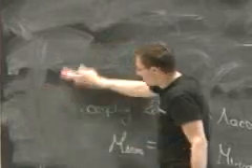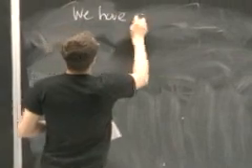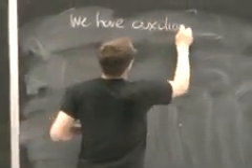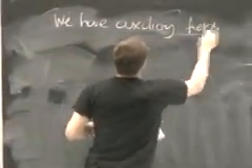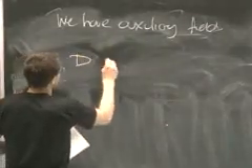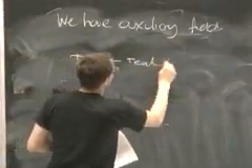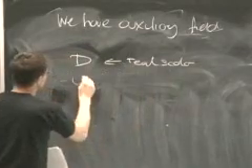For example, the metric on CPN is the Fubini-Study metric, but I've never had to write down the Fubini-Study metric here. It's sort of encoded in all these auxiliary fields that we should really integrate out. So we have auxiliary fields. What do we have? We have D, which is a real scalar. And we have this gauge field, U alpha.